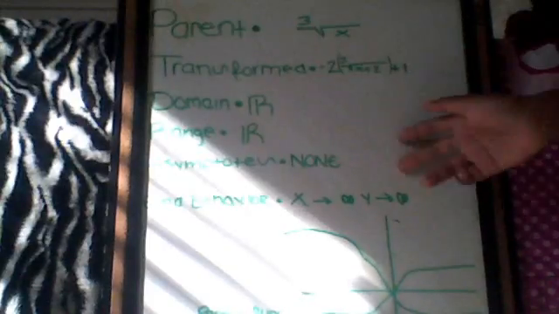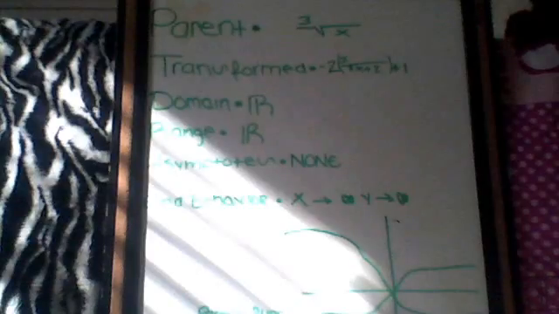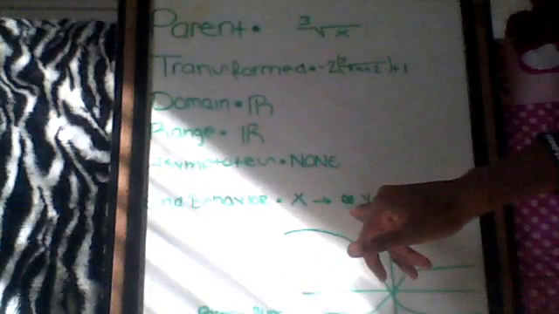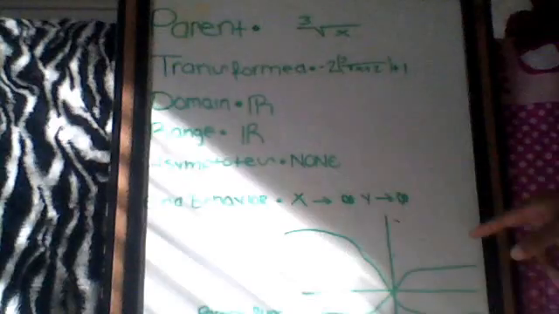Talking about the different characteristics of a graph, such as domain, range, asymptotes, and end behavior. We'll start with end behavior. End behavior pretty much says, as x increases or decreases, what is y doing? As you can see, the equation here says, as x approaches infinity, y approaches infinity. Looking at the graph, you can tell that this is true. X increases and y increases.